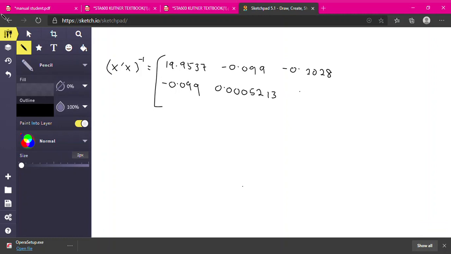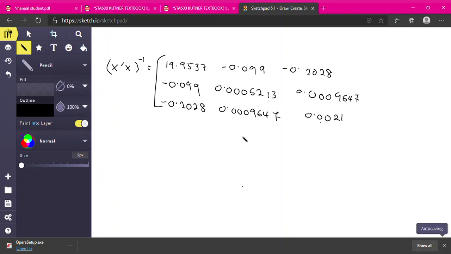Then 0.0009647. And then negative 0.2028, 0.0009647, and then here 0.002147. So this is the matrix X transpose X inverse.